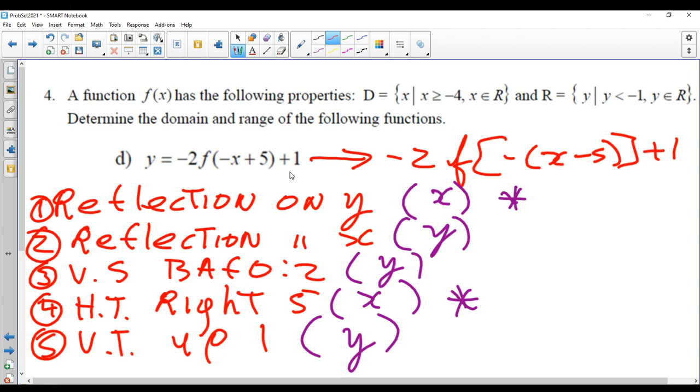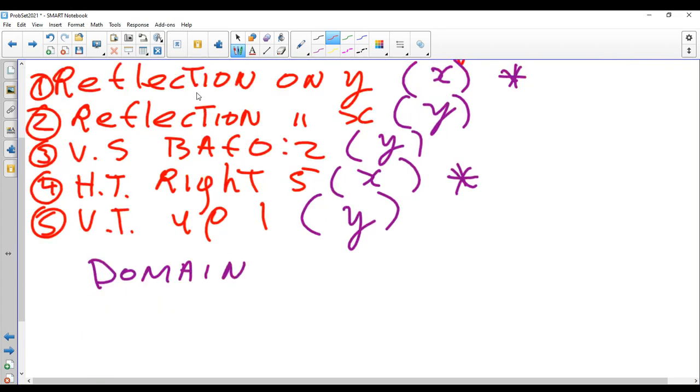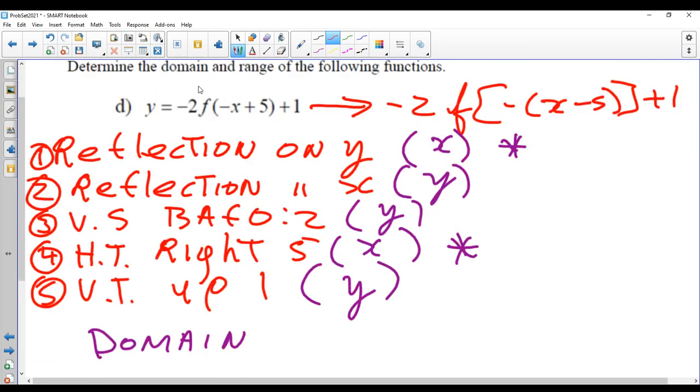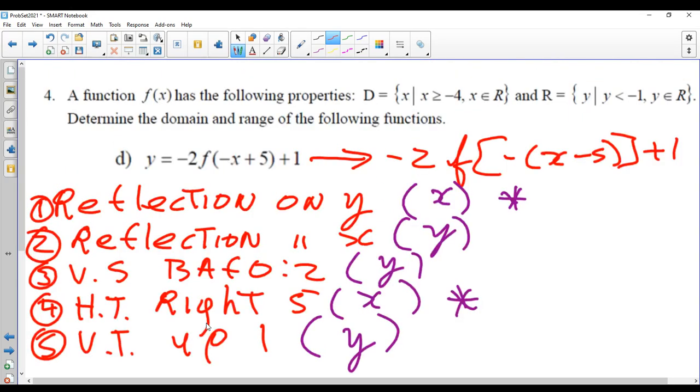Let me come into the front of the room now. Go ahead, Sahil. Domain, yes. 5 plus 4 is 9, yes. So my domain used to be, where is it now? X is greater than or equal to -4.